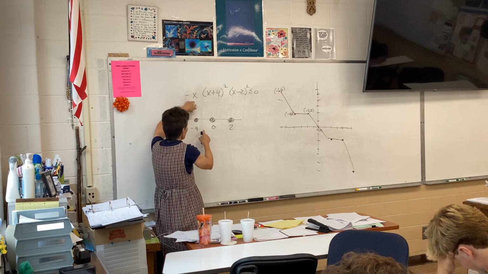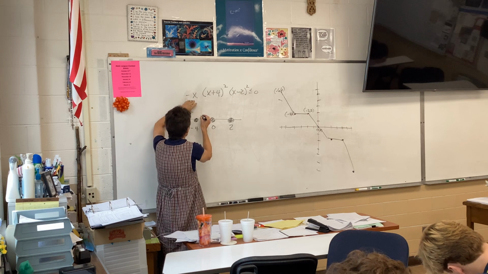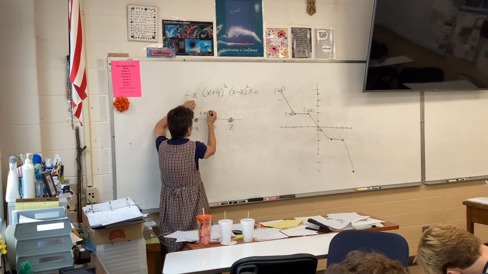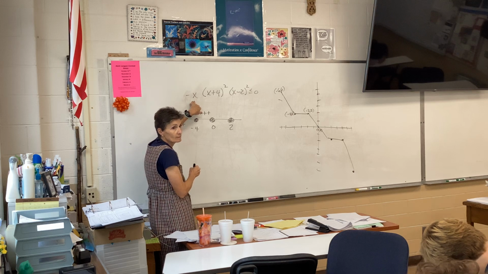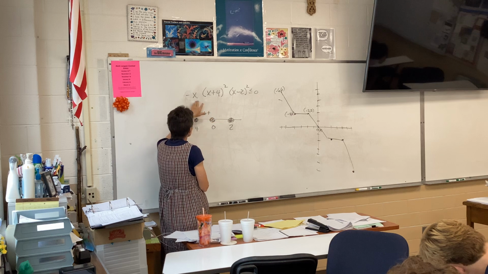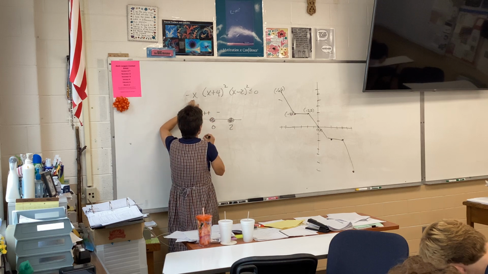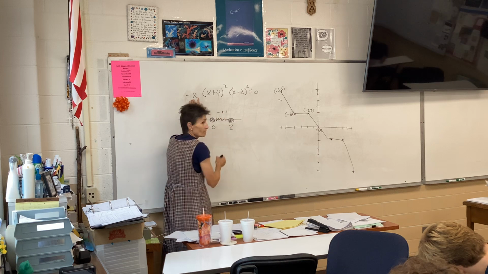If I put in negative 2, I'm going to be positive, positive, positive. That also isn't going to work. If I put in 1, I'll be negative, positive, positive. That works.